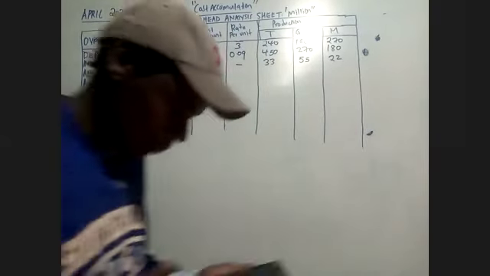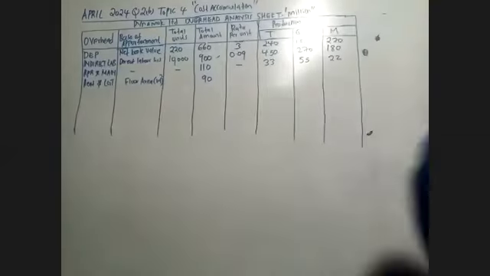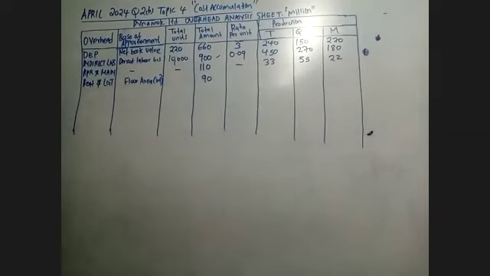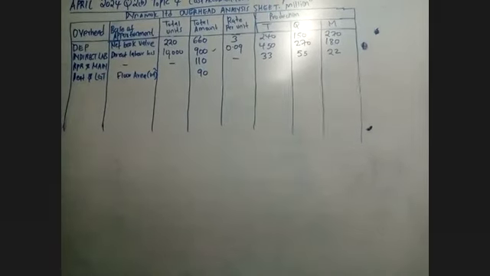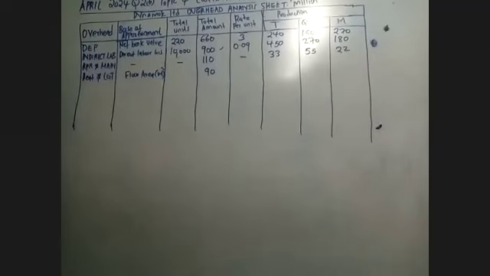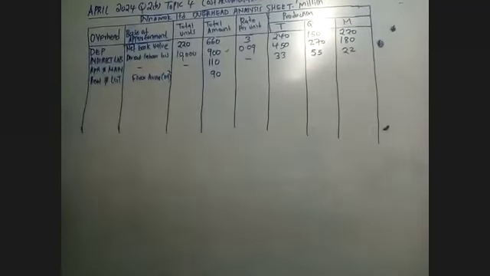When you add them together, ukiziadd, 10,000. Okay, yes, that one is correct.